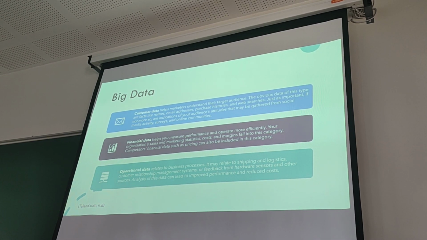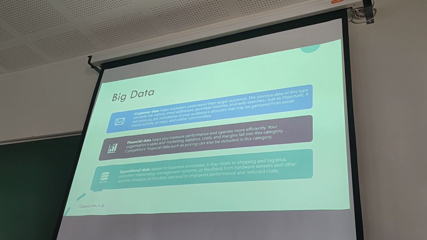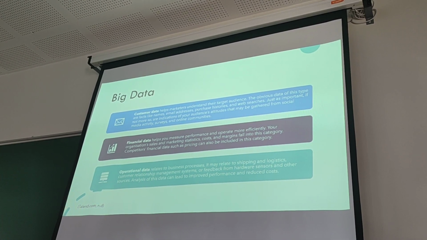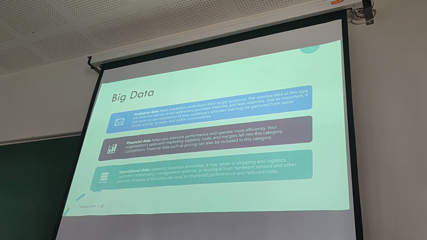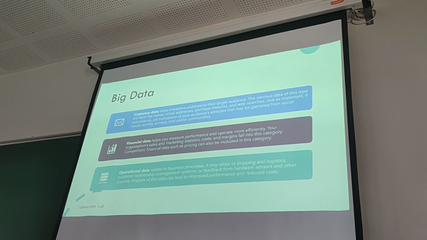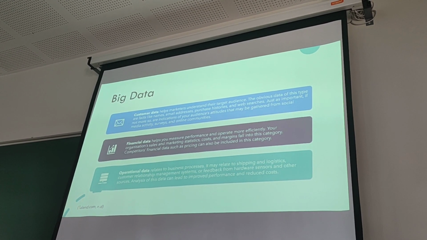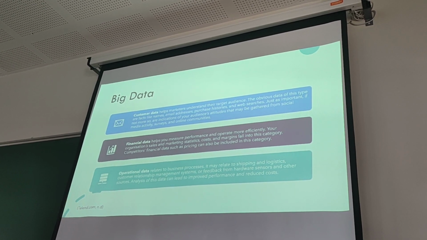You can also include competitors' financial data, such as pricing, in this category. You can also get your competitors' financial data from their annual reports as well. All big companies, public companies, have to publish their financial reports, which can make very interesting reading. I work on a business show, and we're often looking at that data.